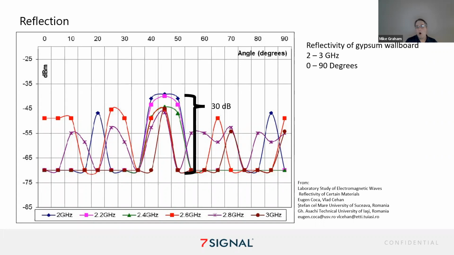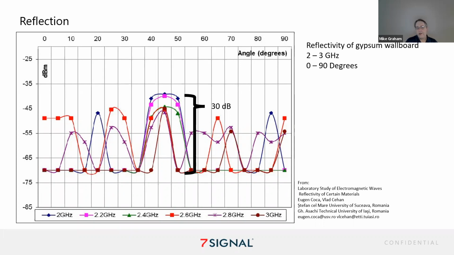This is gypsum wallboard. They shot radio waves at it between 2 and 3 gigahertz, so at least part of the band that we're interested in, and measured the signal at different angles. The bottom here, the negative 70-ish, is basically the reflection off of their anechoic chamber. And then the peaks are reflections back from the material.